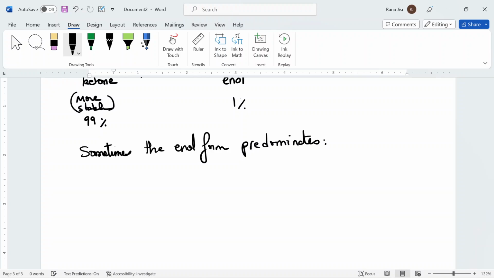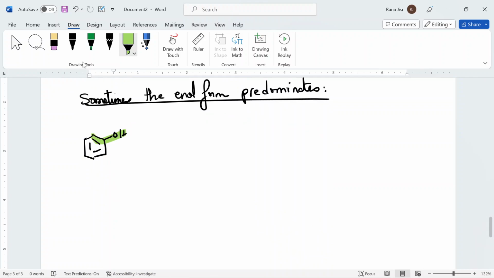Let's take an example. If you start with phenol, phenol does have an enol part over here, although all its double bonds are conjugated, and the system is aromatic.